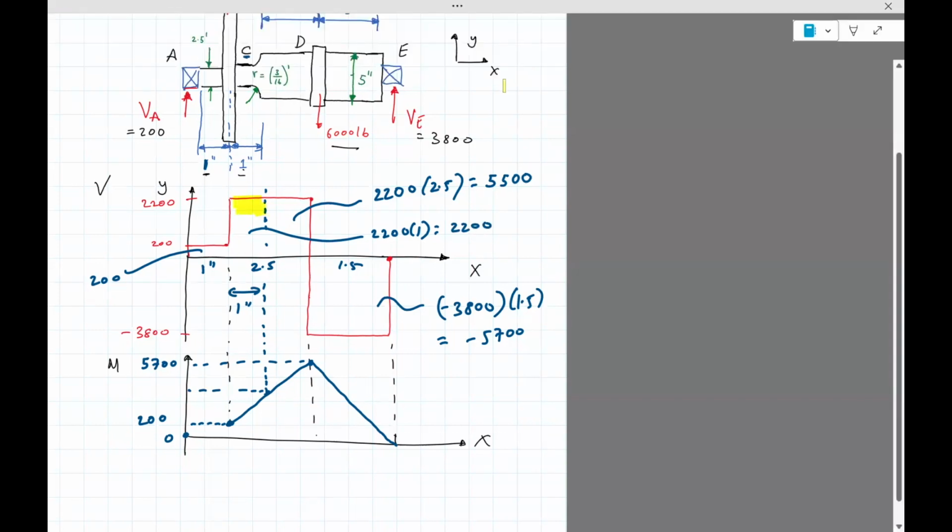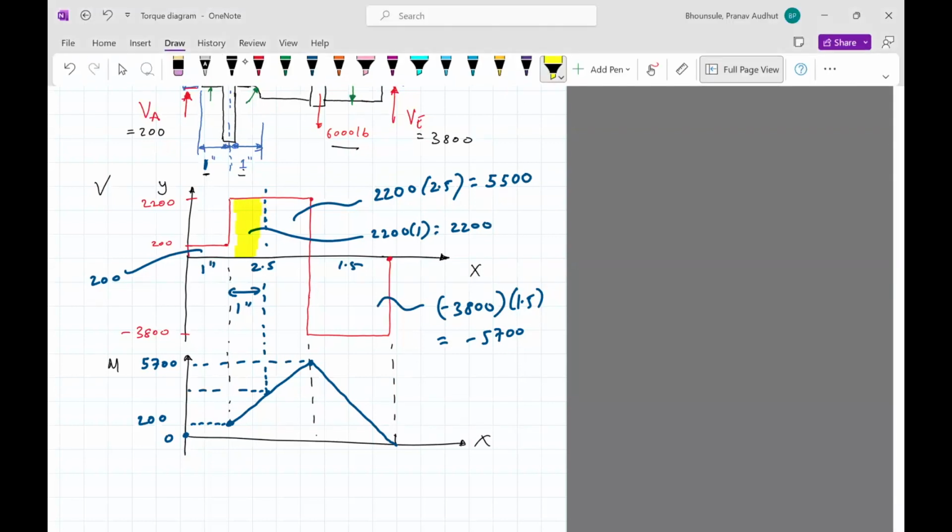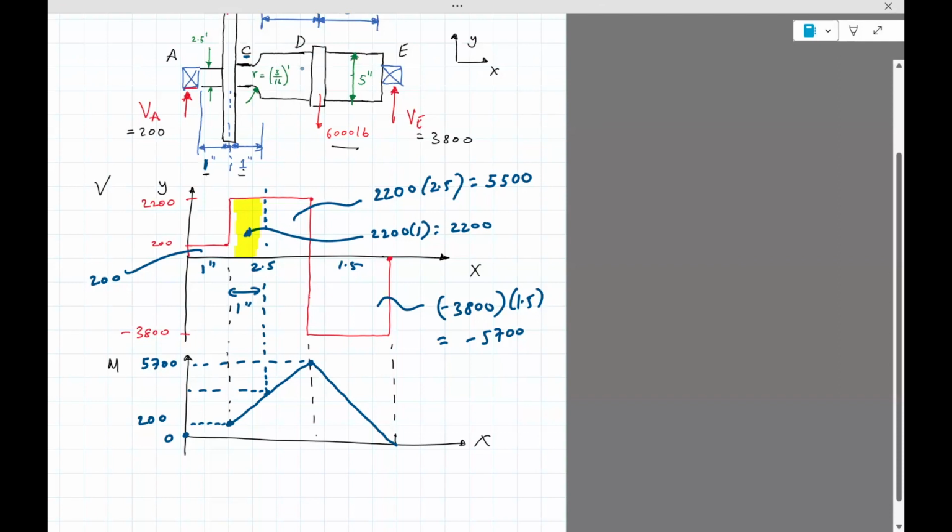Okay, just this area. So we expect this to be 2400, because we need to add 2200 to 200, so 2400.